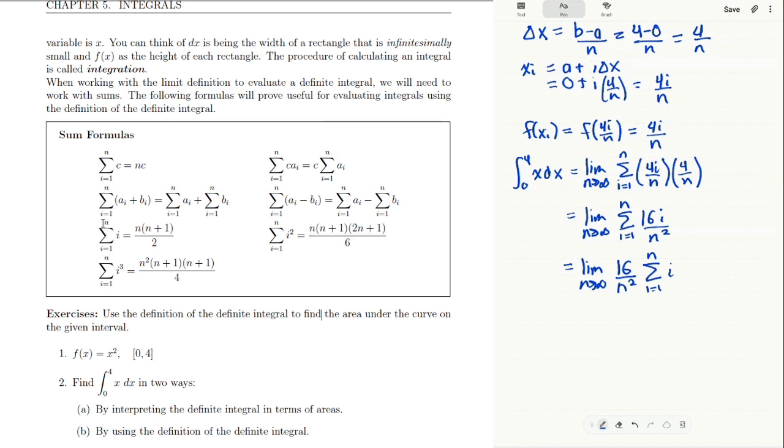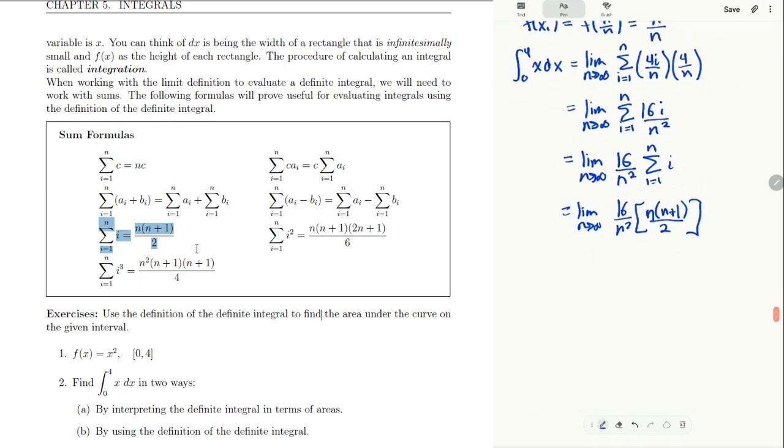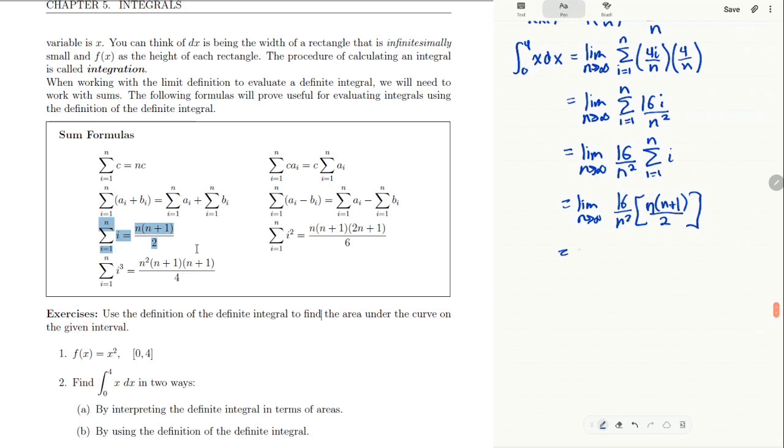So now using the formula for the sum of i from 1 to n, this is given as n times n plus 1, all divided by 2. So now let's simplify. We have 16 over 2 times, we have n squared in the denominator.